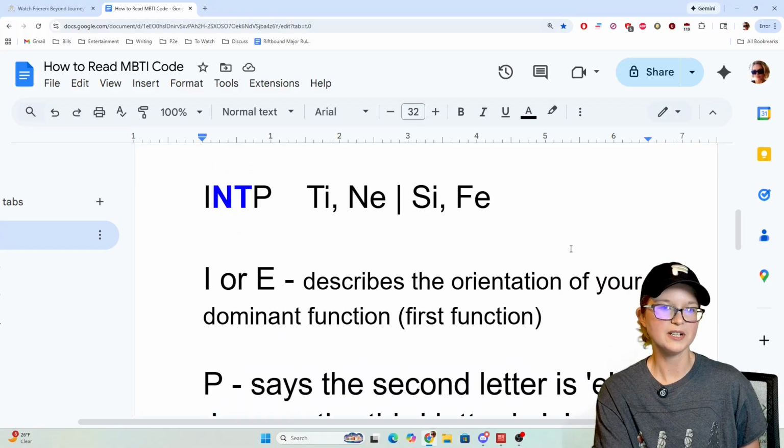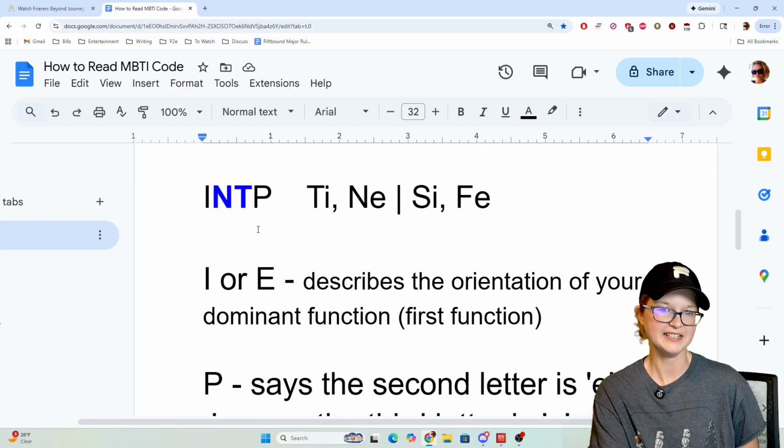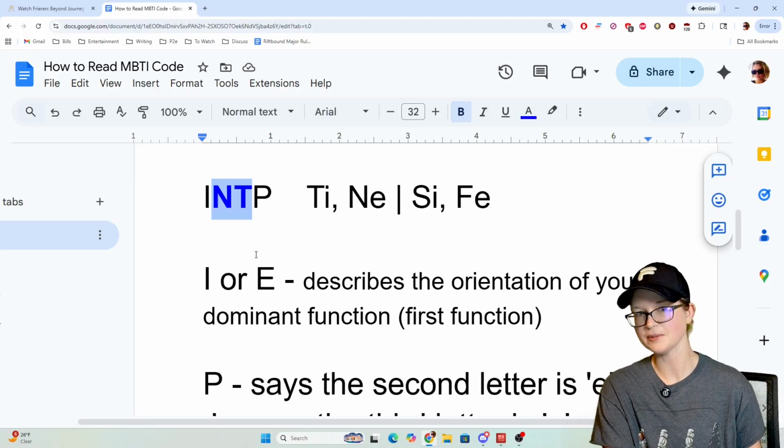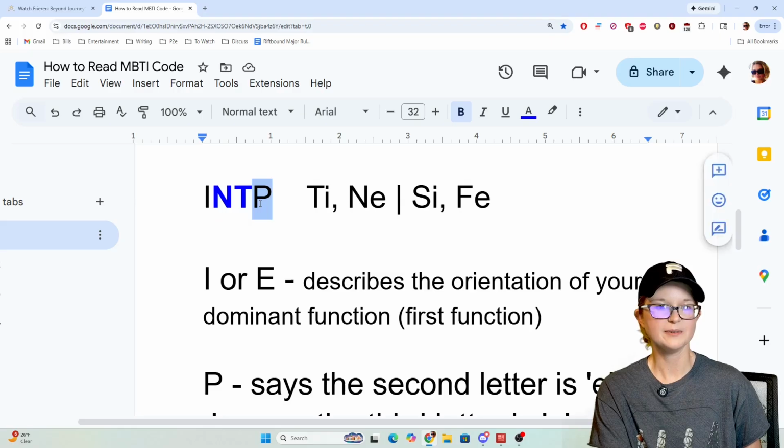And so just to do one more example to really bring it home, we have the INTP. NT is in the middle here, so their dominant and auxiliary are going to be N and T. We don't know what order yet, but we know that having the P last says that they're going to extrovert the second, or the sensing, letter. So we know that they have extroverted intuition.